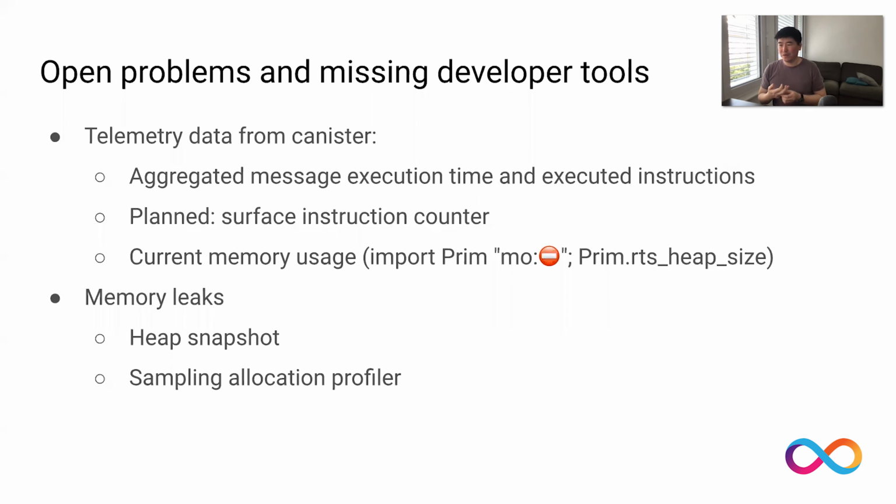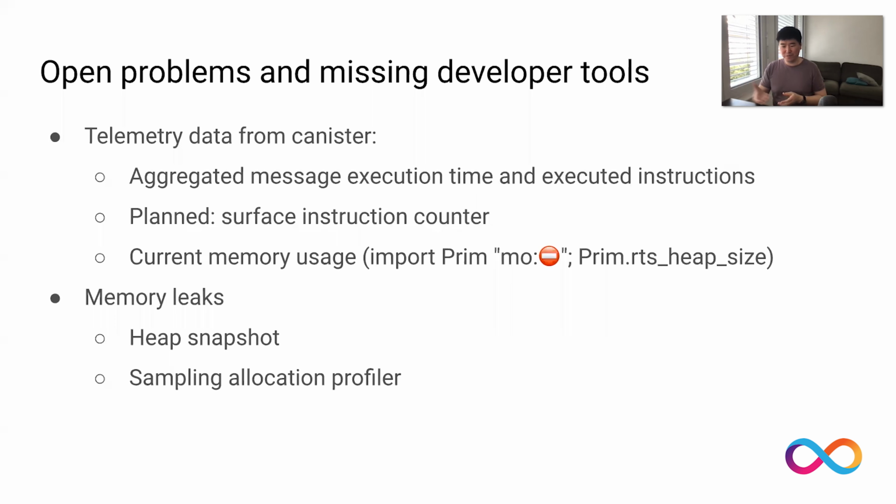For that, it would be great to see some kind of solution that works not only for Motoko, but for all canisters implemented in different languages. I think the main thing that's needed first is to get some aggregated data about how much time a message execution takes, for example, on average and at the 99th percentile, and how many instructions it uses, also on average and at the 99th percentile.